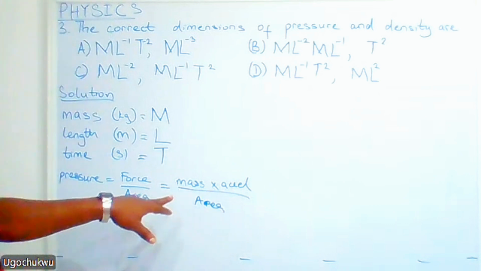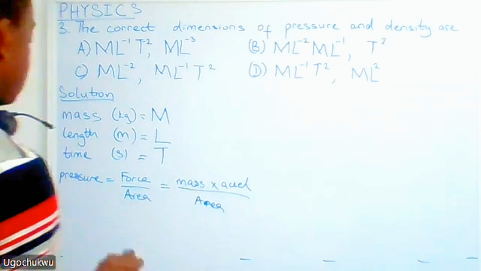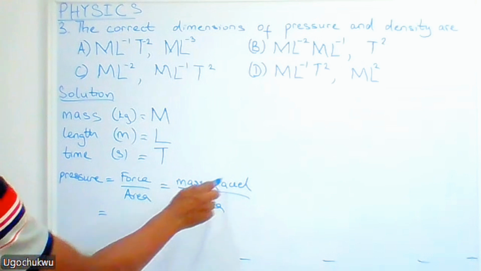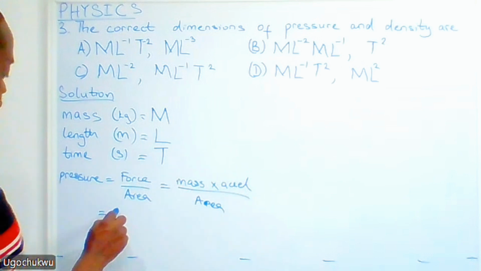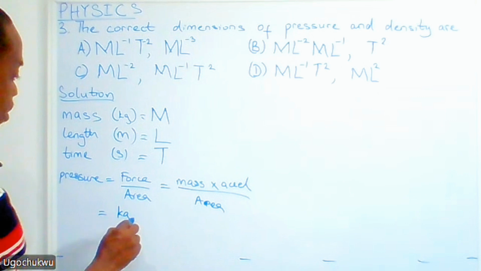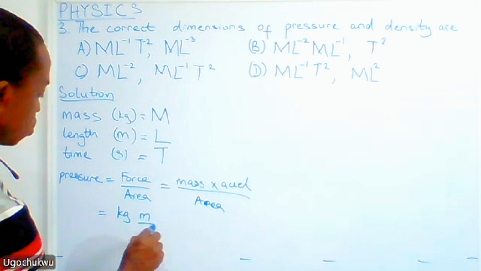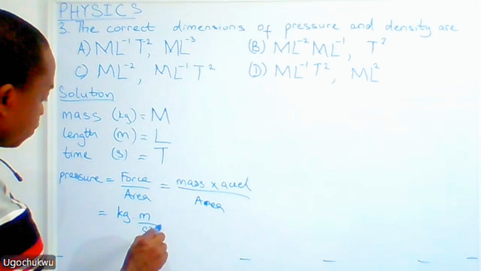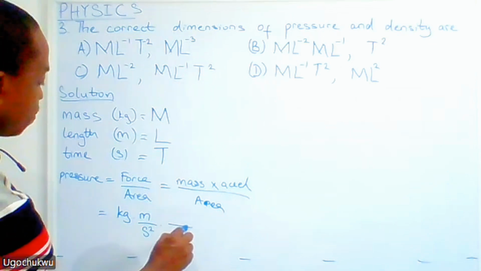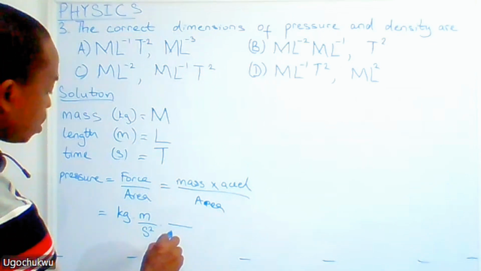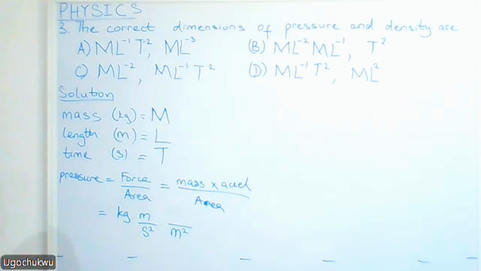So if we represent these quantities in units, force, mass times acceleration, will be kg, mass times acceleration, meters per second square, divided by area, which is going to be meter squared.